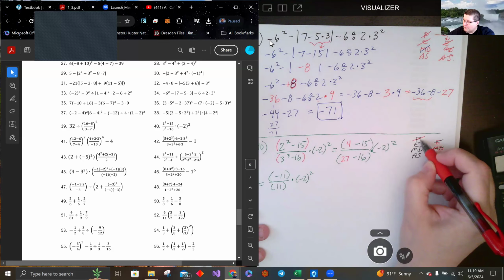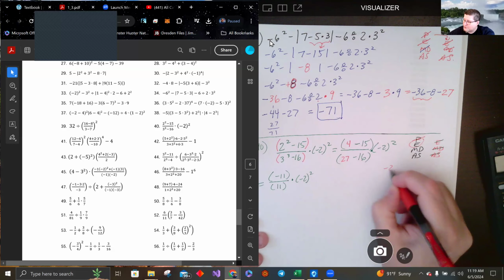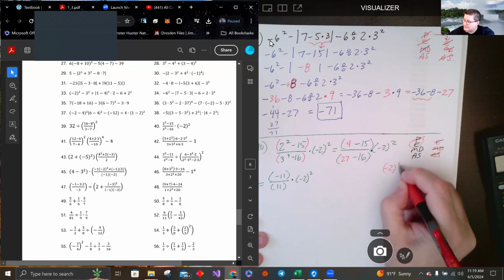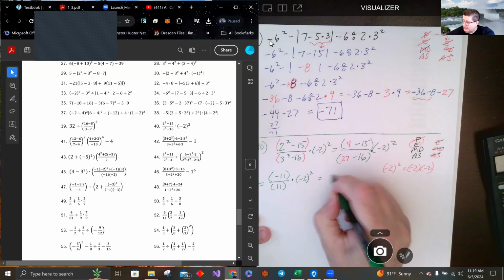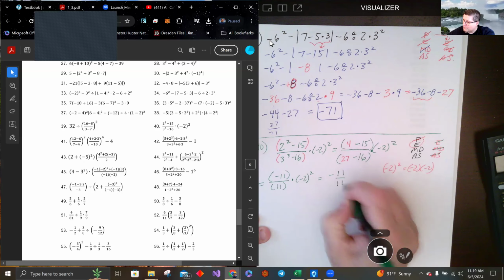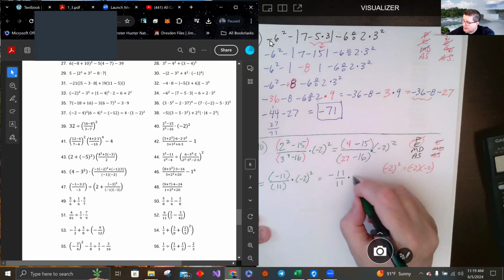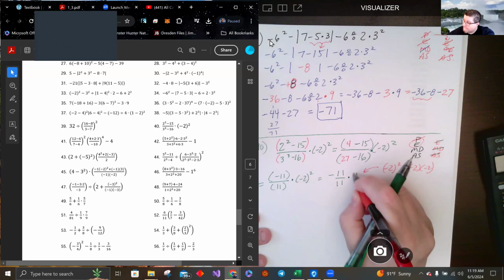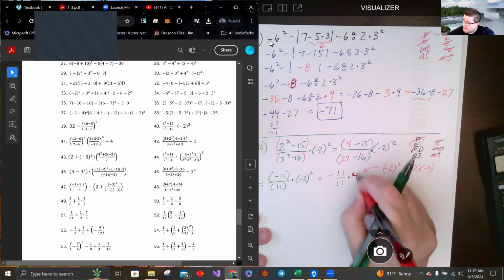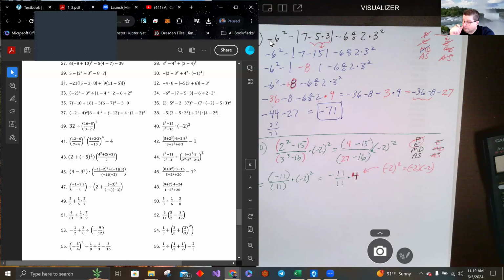We have an exponent. Negative 2 squared is negative 2 times negative 2, so this ends up being positive 4, and I don't need the parentheses anymore. All right.